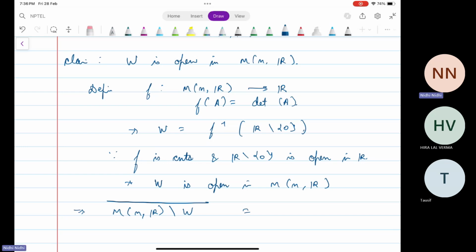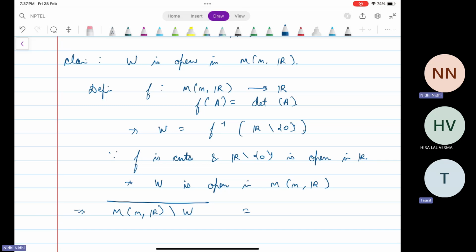So can anyone tell me from this how we can show that W is not nowhere dense? Isn't W closure equal to MnR sufficient?